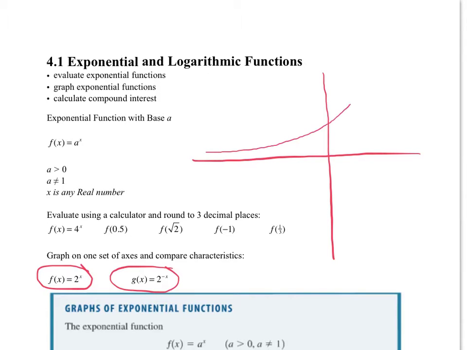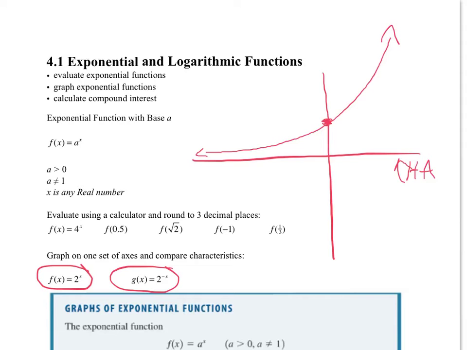It has a y-intercept at (0, 1), and it rises rather steeply. There's the y-intercept right there, and it's got a horizontal asymptote at the x-axis, but it doesn't have a vertical asymptote. This gets closer to the x-axis, and this just continues to increase, but it would eventually cross any vertical line you would draw. So that's what the graph of 2 to the x power looks like.